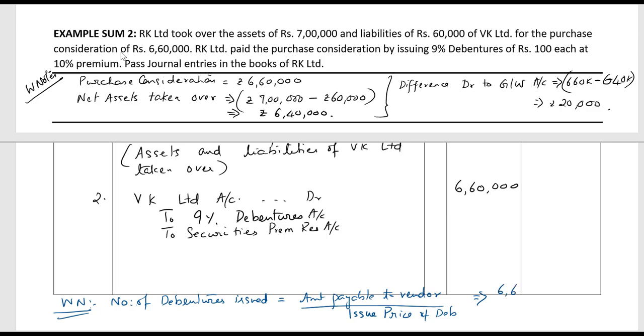This is equal to 6,60,000 rupees divided by the face value is 100 and it's issued at 10% premium. Therefore, the issue price is 110 rupees and comes to 6,000 debentures.